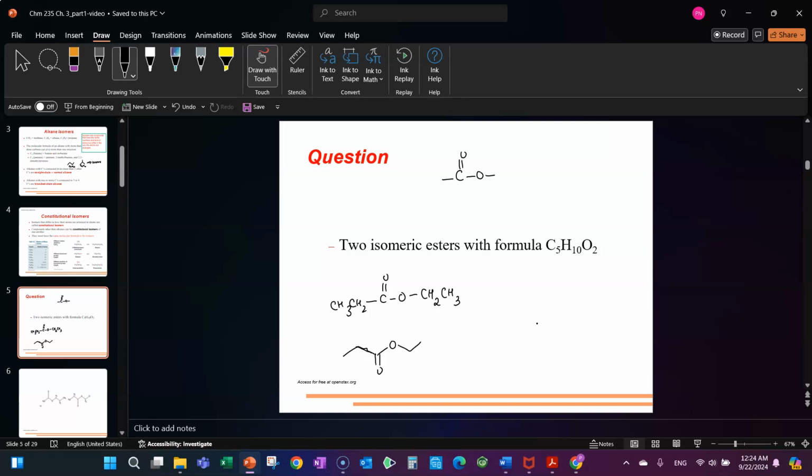What is the other way that you can draw this compound? So you can maybe keep 3 carbon atoms on one side. You still have an ester linkage, but now you have only 1 carbon atom connected to the single bond oxygen.